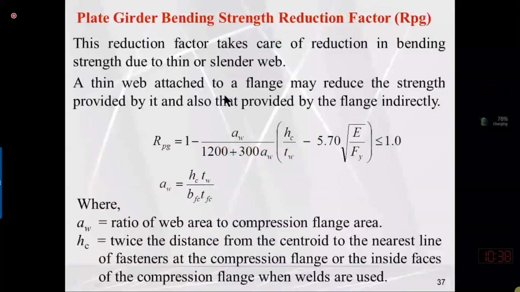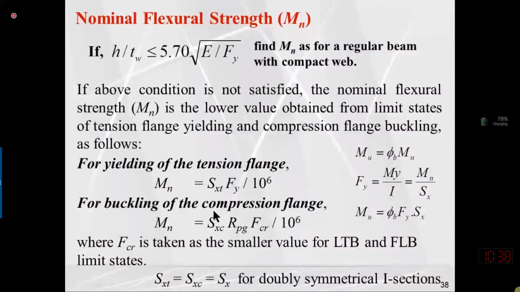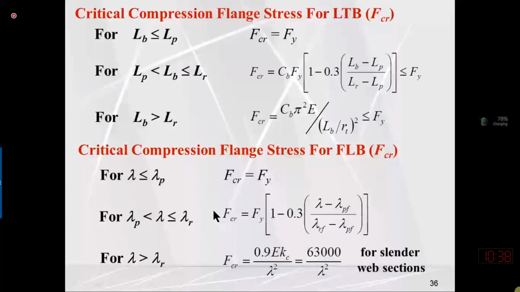Okay, the next question is that actually we are provided with the Lb value only. In the beam design chapter, we consulted the LP and LR values from the beam selection table for any standard steel section. LP and LR values are given there, but a plate girder is not a standard section.